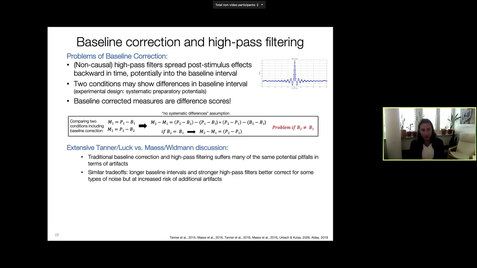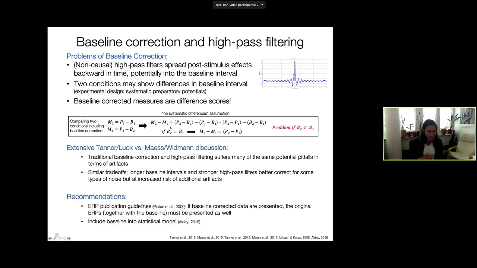Also similar trade-offs. Longer baseline intervals and stronger high-pass filters better correct for some types of noise, but at the increased risk of additional artifacts. Following the publication guidelines, if you use baseline corrected data, you should also show the original ERPs together with the baseline.